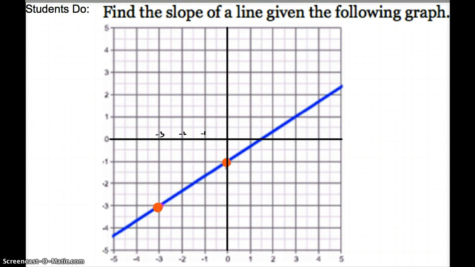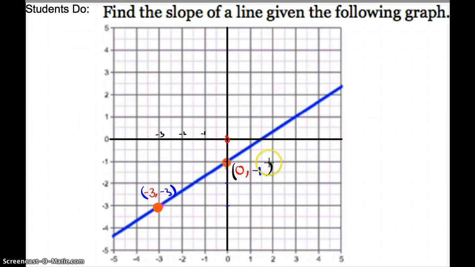So this one is -3, comma, our y value, -1, -2, -3. This is -3, comma, -3. And this next term is 0, comma, because it doesn't go -1, it doesn't go +1, our y value is 0 and then -1.